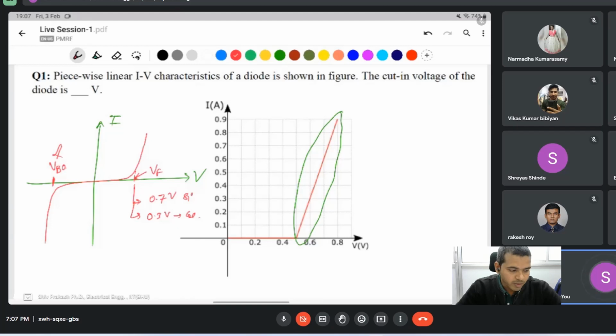And this is the leakage current, in microamperes, in the reverse direction.